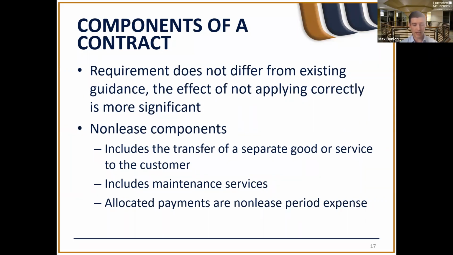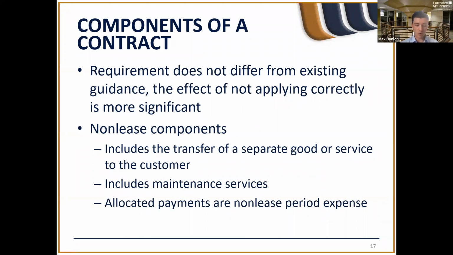So when a contract has multiple components, the standard requires identification of separate lease components if the lessee can benefit from the right of use either on its own or together with other resources that are readily available to the lessee, or the right to use is neither highly dependent on nor highly interrelated with the other rights to use underlying assets in the contract.